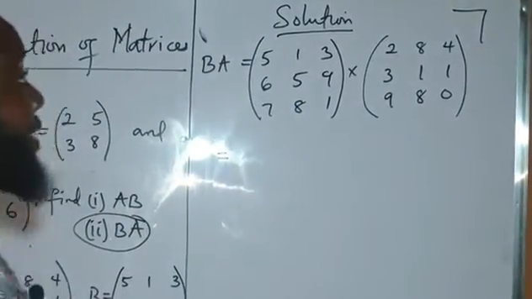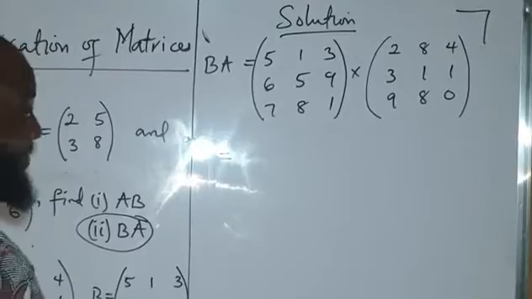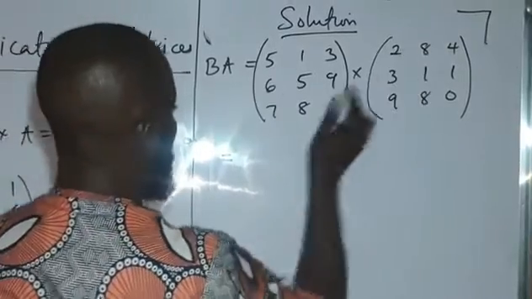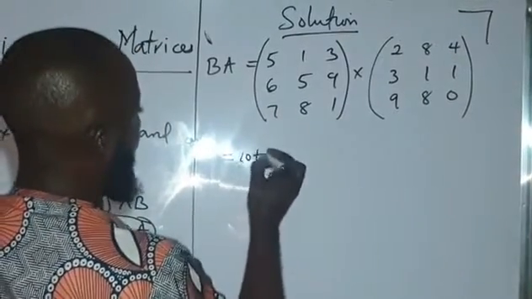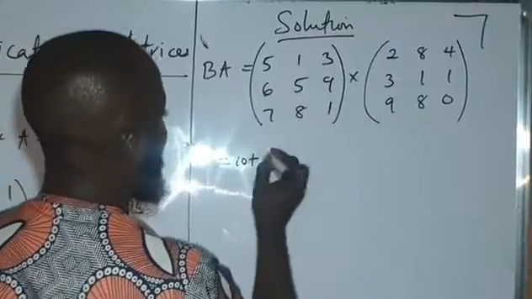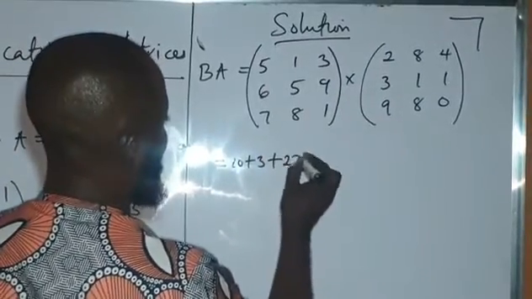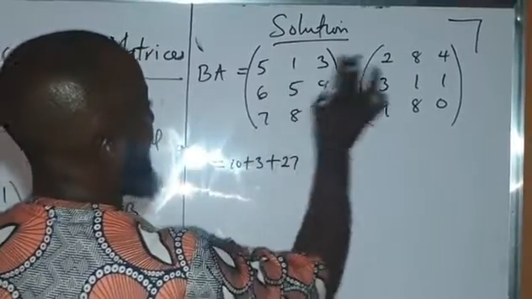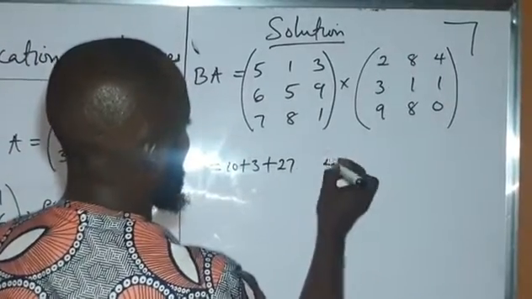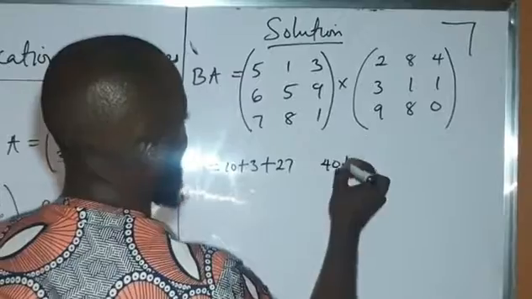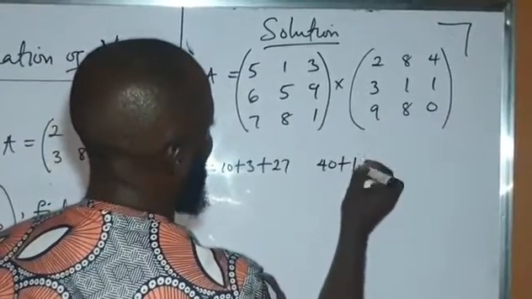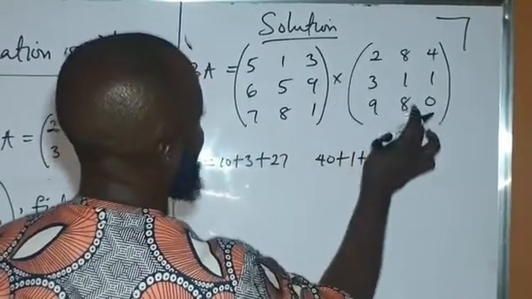So here I'm going to multiply straight. So 5 times 2, that is 10, plus 1 times 3, plus 3 times 9, 27. So that's the first one. Then 5 times 8, that is 40, plus 1 times 1, that is 1, plus 3 times 8.